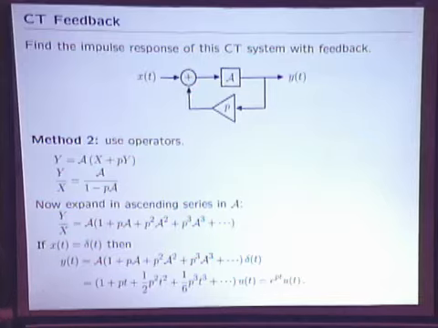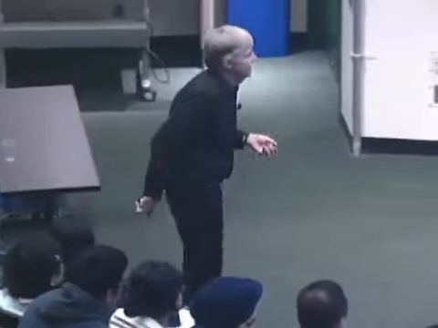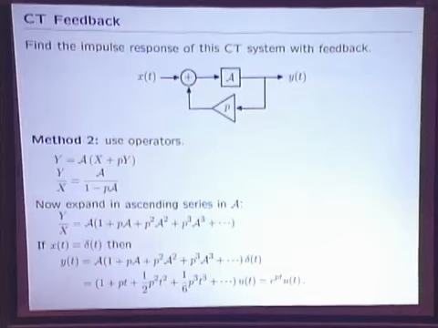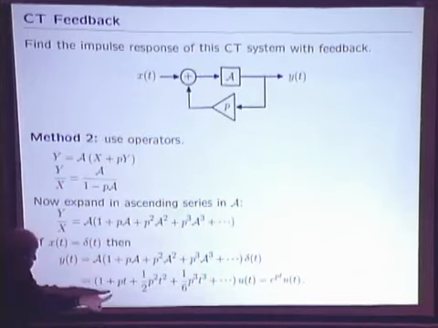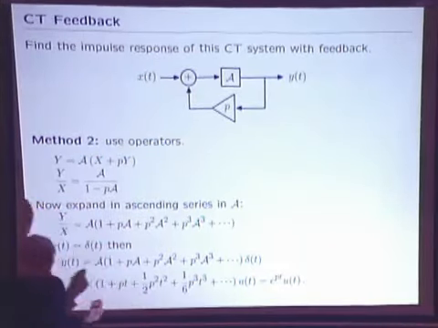Well, the first a turned delta into u. The second a turns u into tu. And so I get this term. So the pa squared turns into ptu.